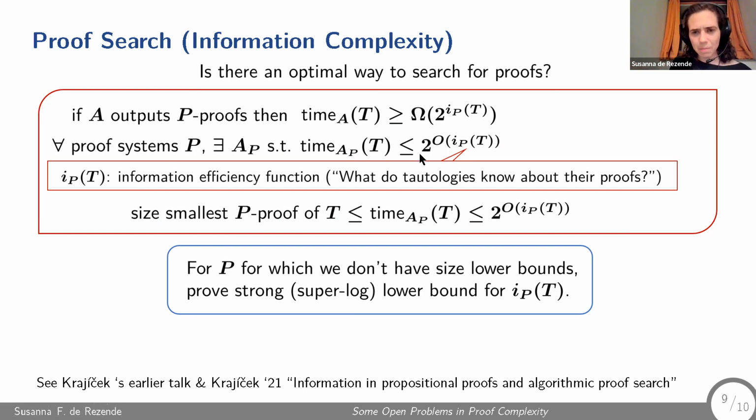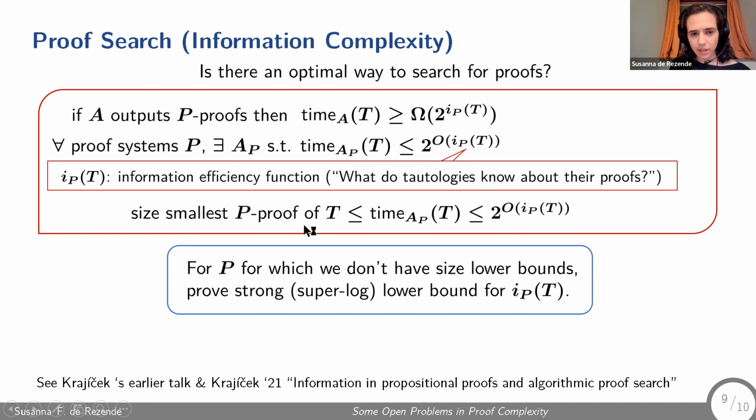And this information measure really captures the best algorithm for a given proof system. So we have a lower bound of 2 to the information measure for any algorithm that outputs P proofs, and there is an algorithm that actually, up to polynomial factors, matches this lower bound.